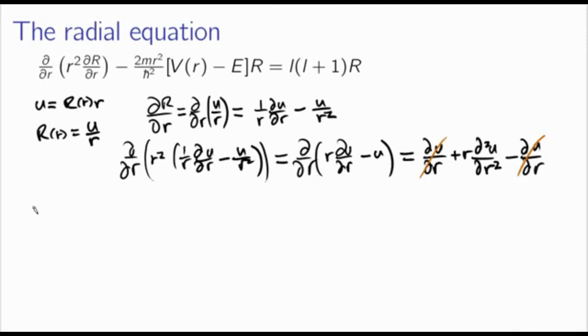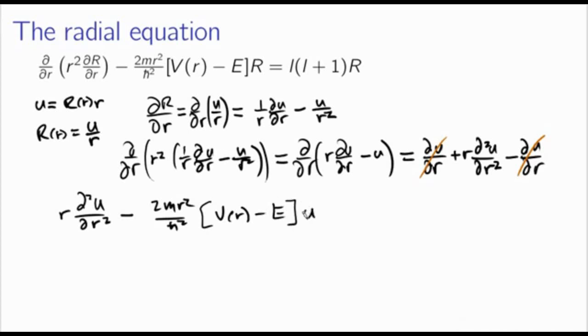So our overall equation then, at this point, looks like r times the second derivative of u with respect to r, minus 2mr squared over h bar squared times V of r minus E, close parentheses, times capital R here, which is u over r, and that's all equal to l plus 1 u over r, again substituting in u over r for capital R.